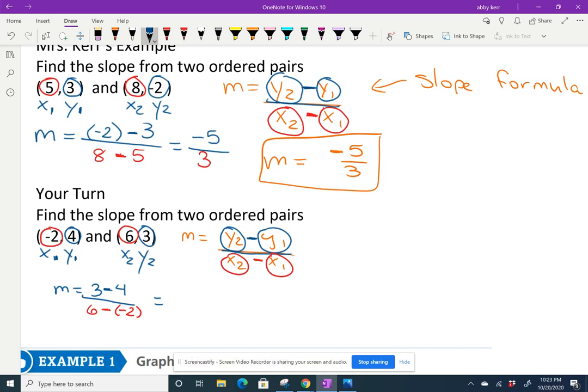The numerator says 3 minus 4, which in this case is -1. And then my denominator says 6 minus -2, which in this case is 8. So my slope, or my movement, is -1 over 8. Once again, do not make it a decimal, keep it a fraction.